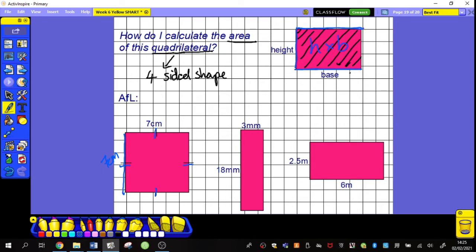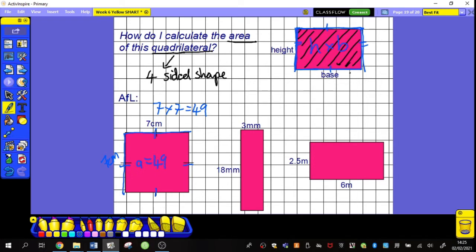As you can see that they are the same size. Just like my height could be on the left, could be on the right, because you'll see that they are the same size. So here my height is on the top, so it's 7. 7 multiplied by 7 is 49, so my area is 49.